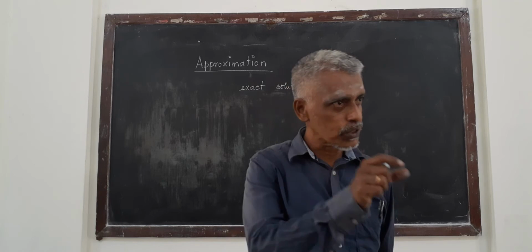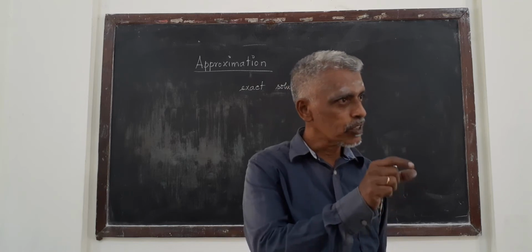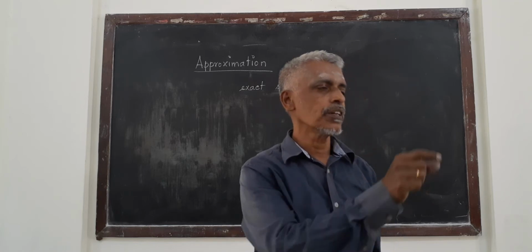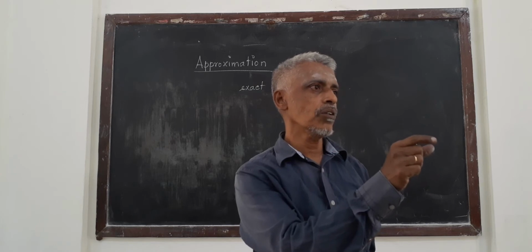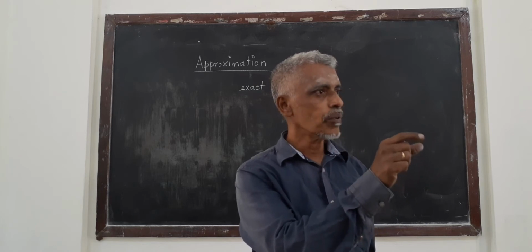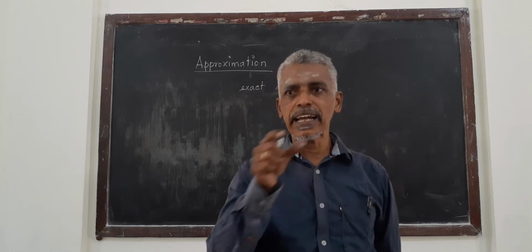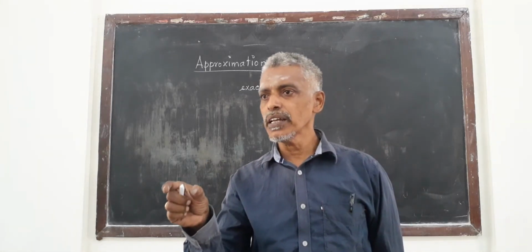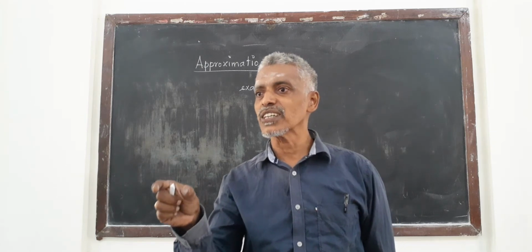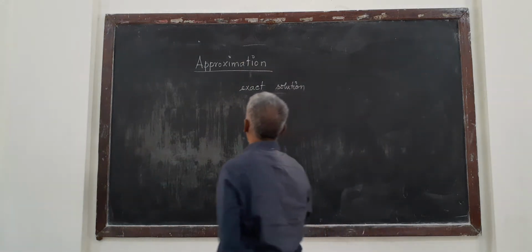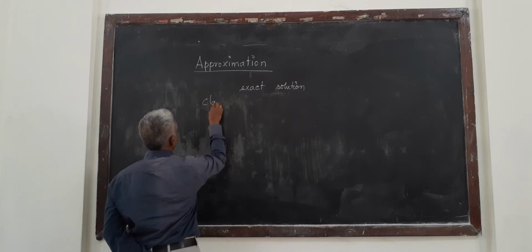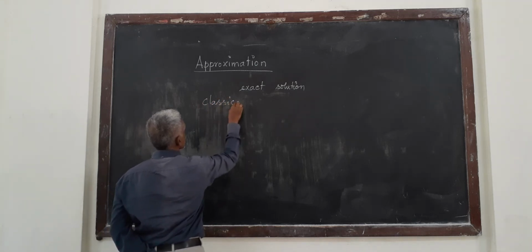Now I ask you the question. Is it possible to say, sir, yes, 500 notes are there. Is it possible or not? Possible. So if you say that answer, then that will be an exact answer. Now we go to classical physics.